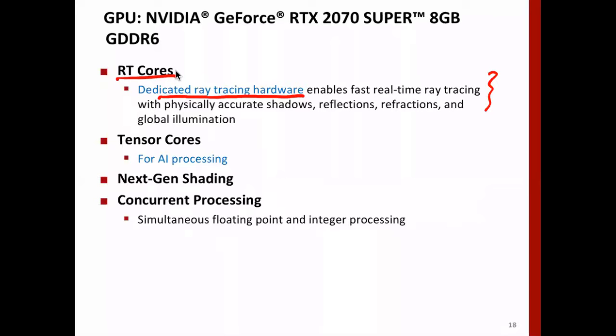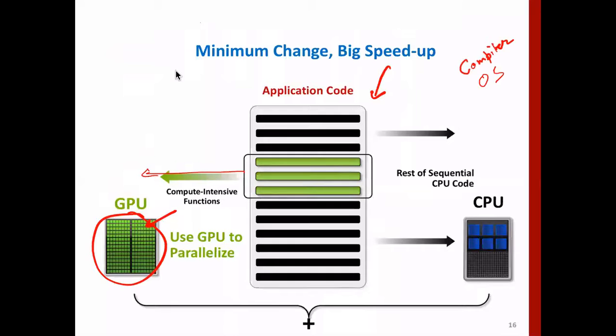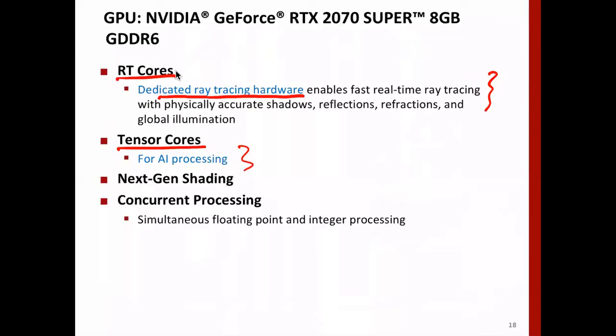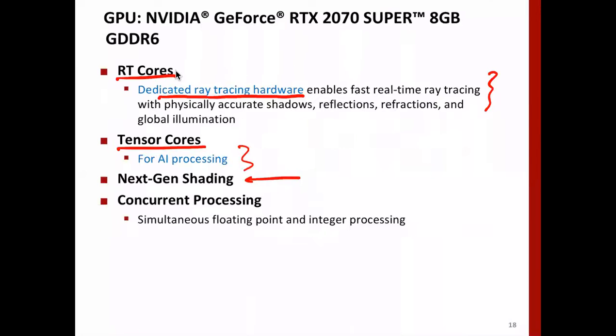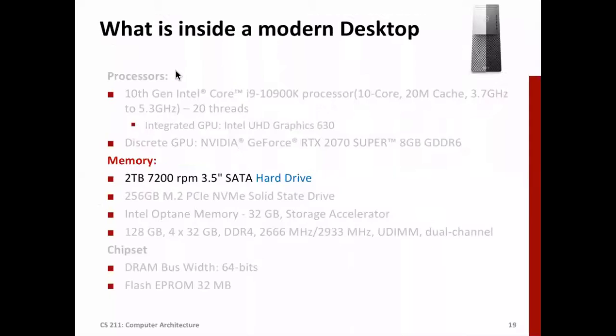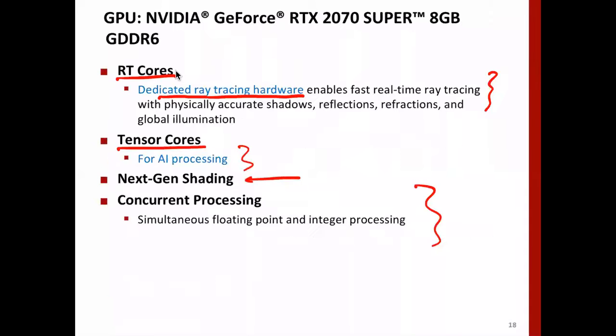Then there are some tensor cores, which are for AI processing. So when we say this GPU, it may have cores of different types. Some for image processing or video processing, some for AI processing, some for very specialized next generation shading, etc. But largely all of them are doing concurrent processing. So that was about the GPU.